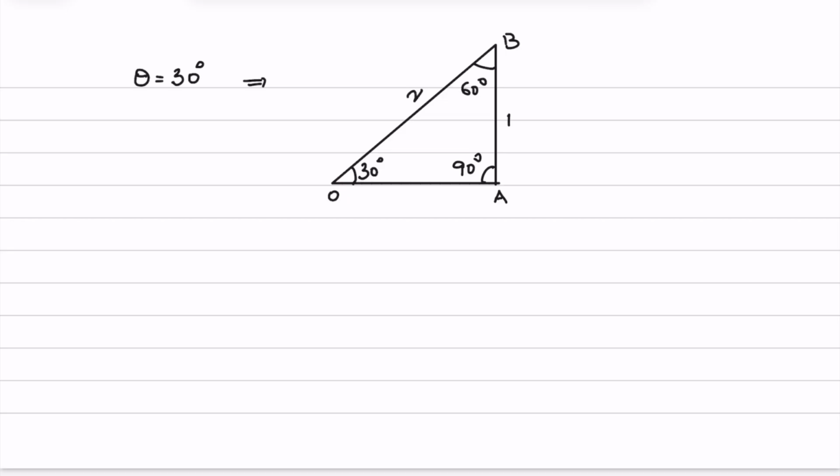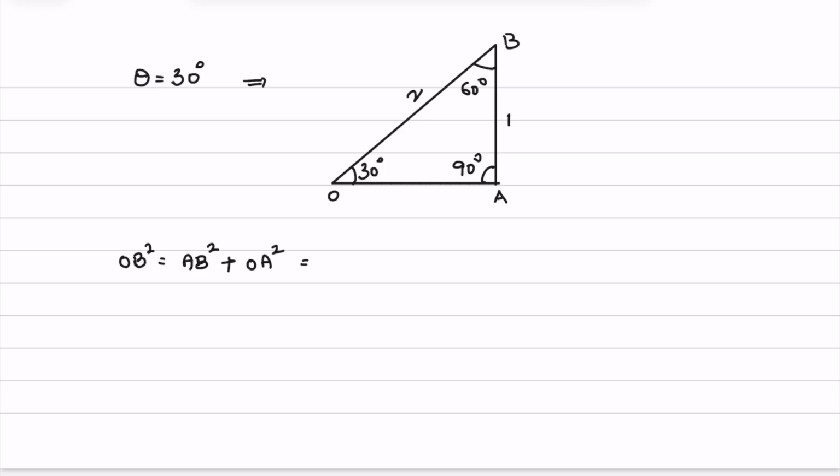The opposite of 30 side as 1. Then from Pythagoras theorem, hypotenuse square is equal to opposite side square plus adjacent side square.